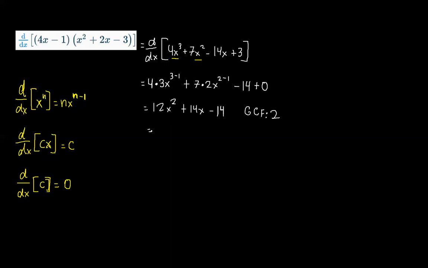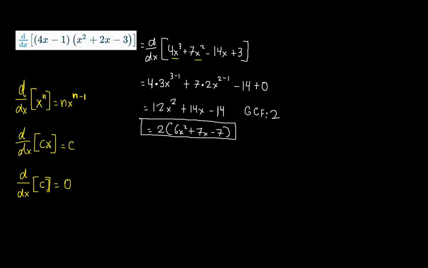So we can just factor this expression by 2. This would be 2 times the quantity 6x squared plus 7x minus 7. So this could be your final answer.